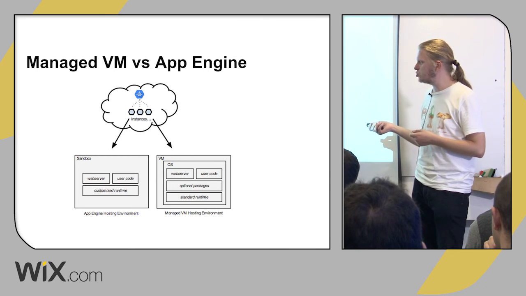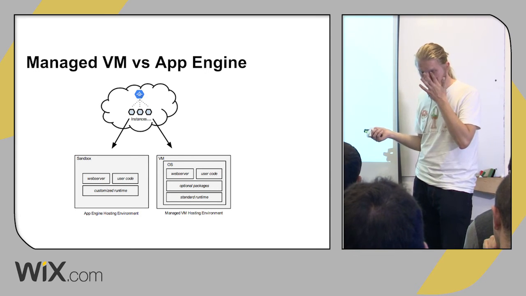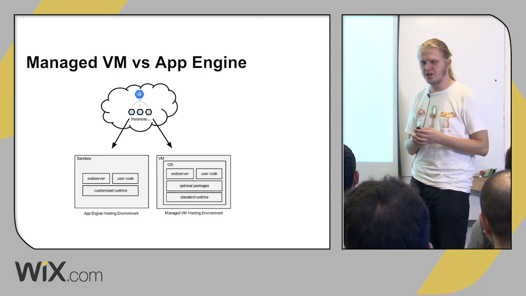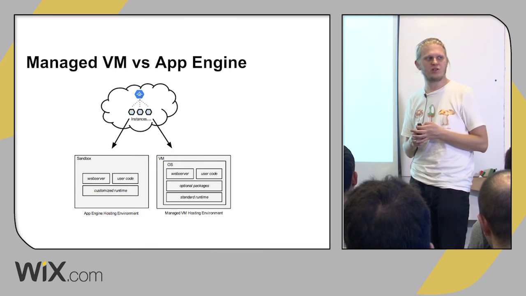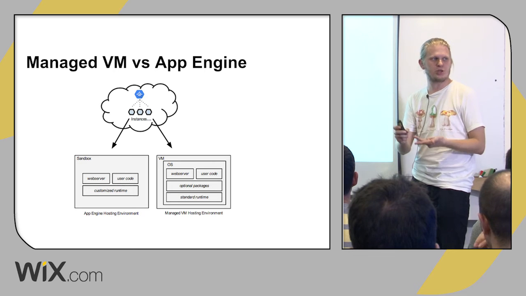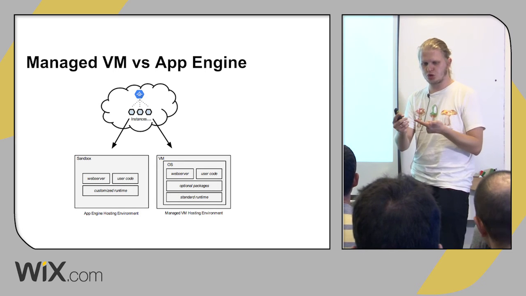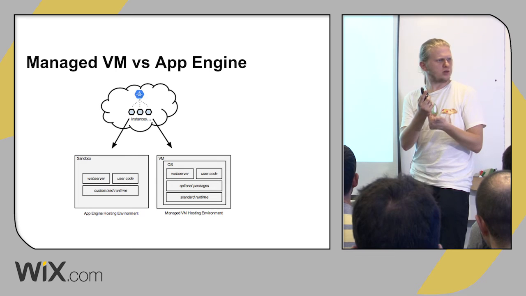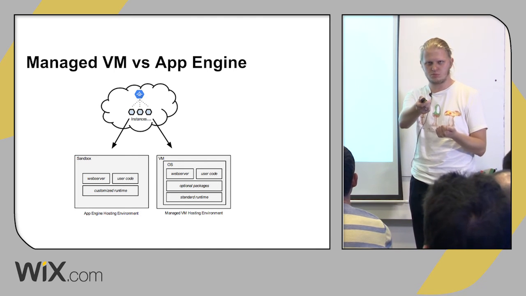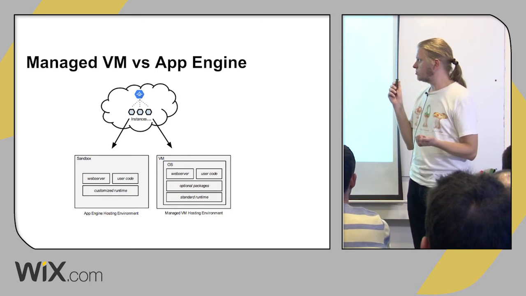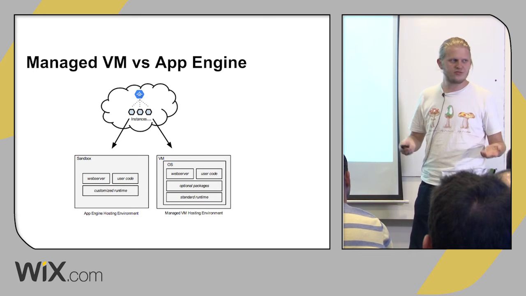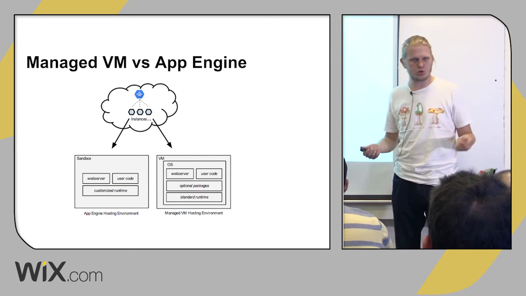The main thing that you get from running your code on managed VM is that you get almost the same level of access to Google APIs like storage, BigQuery, search, all of their cloud services which the App Engine application uses. You get all of them, but with running your own code and your own server.